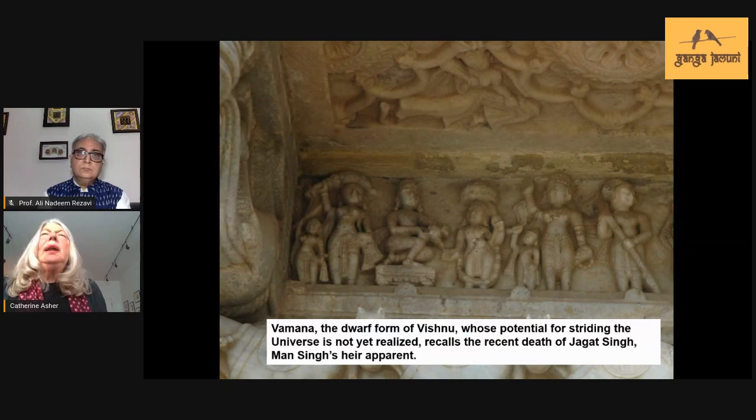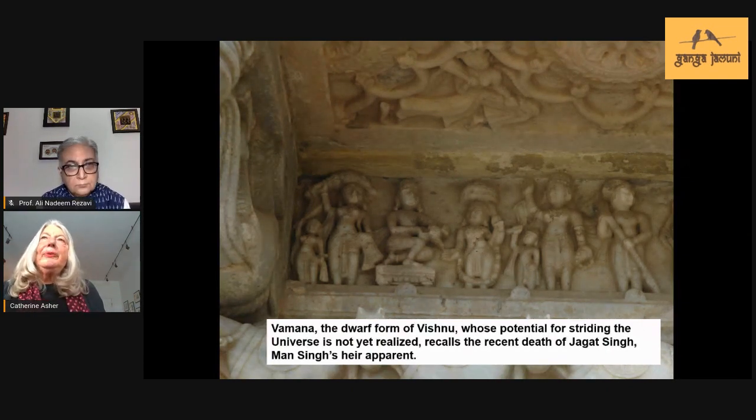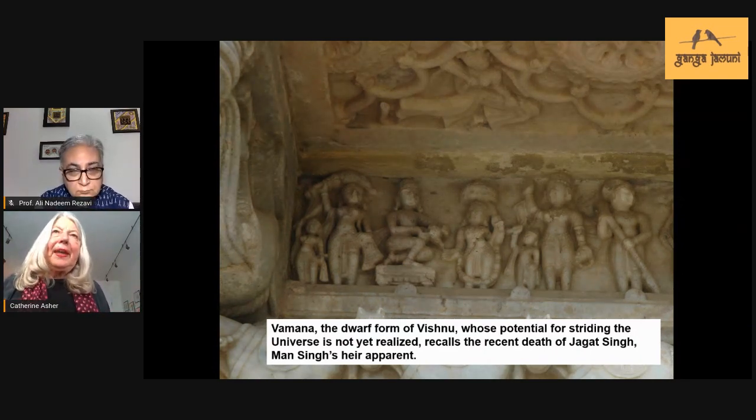Some of the imagery on the temple, though, is quite unique. And here in the detail, and I hope you can see this, is an image of Vamana, that is the dwarf form of Vishnu, who, if you remember, is going to stride the entire world in 3 steps. But he's never shown as Trivikrama, that is that form of Vishnu that strides the world.